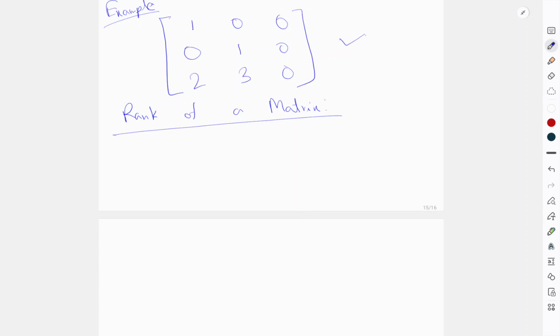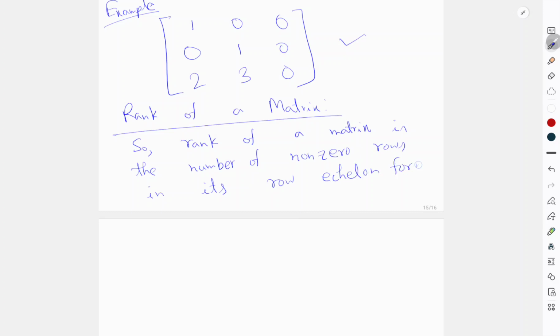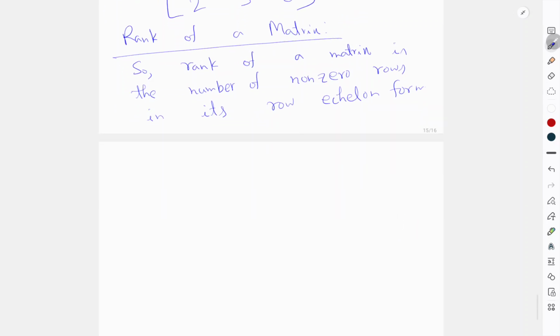If you find the corresponding row echelon form or row reduced echelon form, either one, then the number of non-zero rows gives the rank of the matrix. So the rank of a matrix is the number of non-zero rows in its row echelon form. Okay, this type of thing.